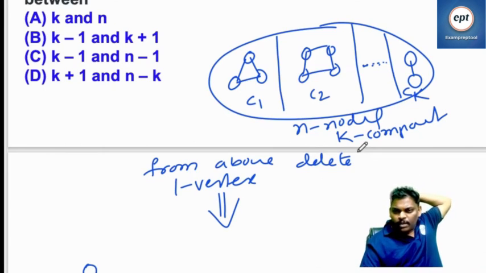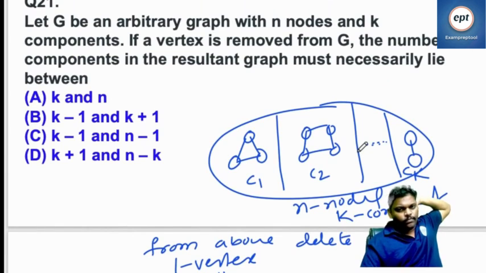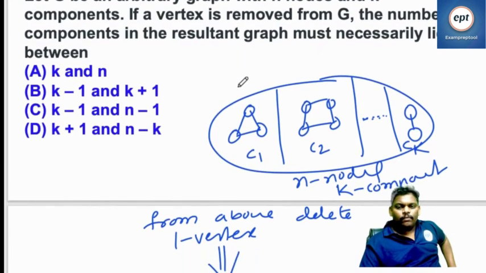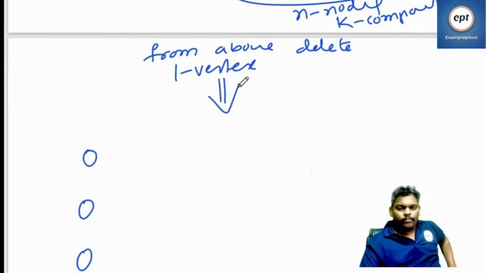In this problem, what is the minimum k value? Read the problem: k components, n nodes. The minimum k value is 1.